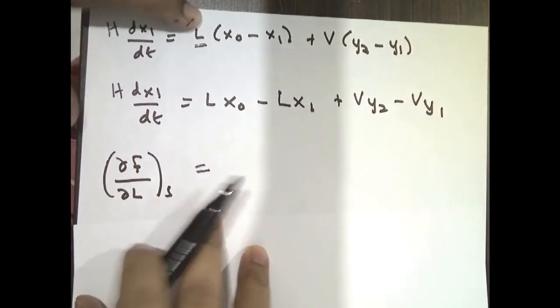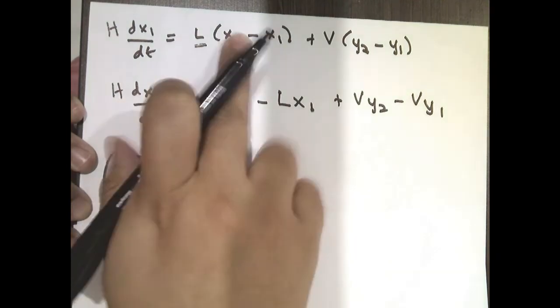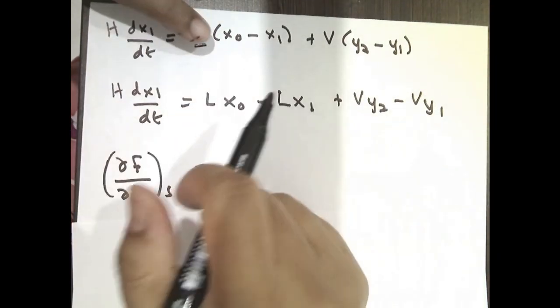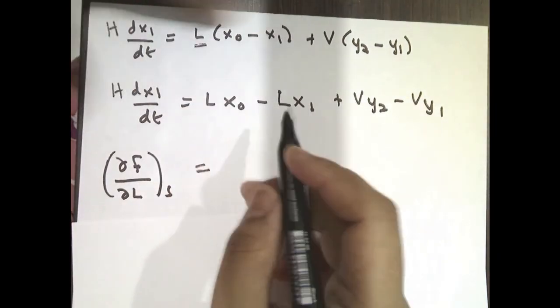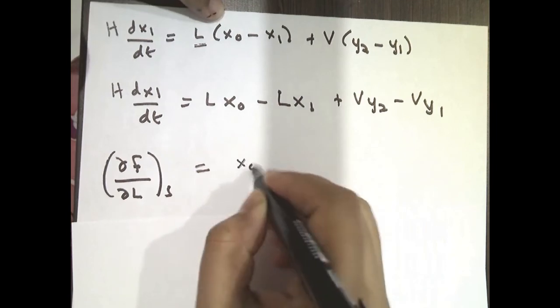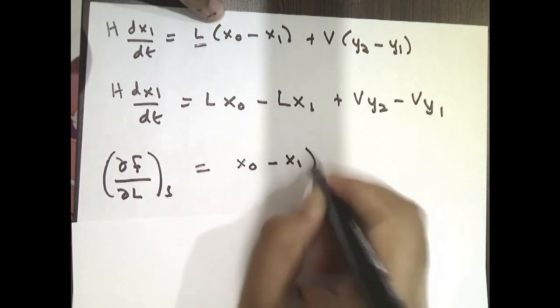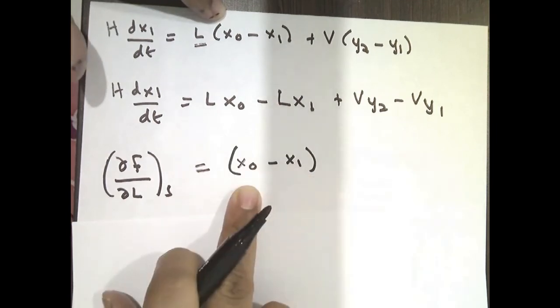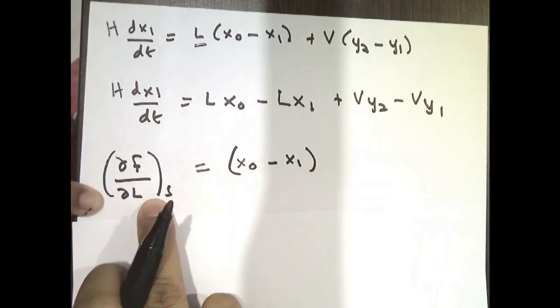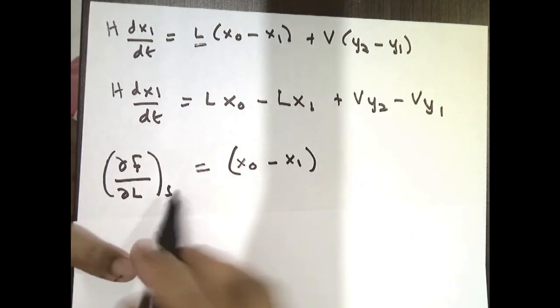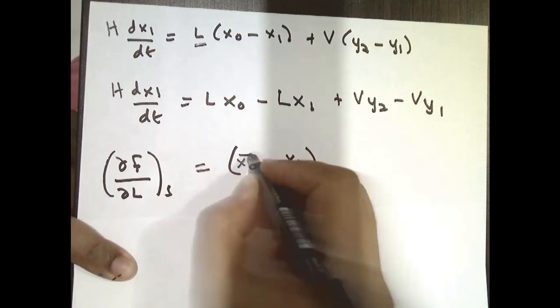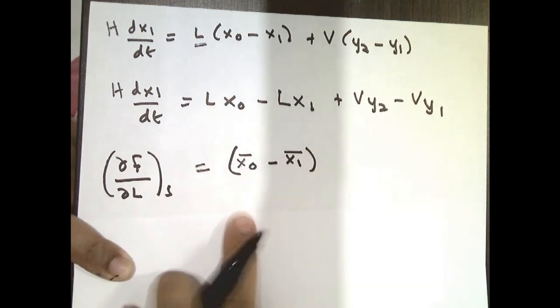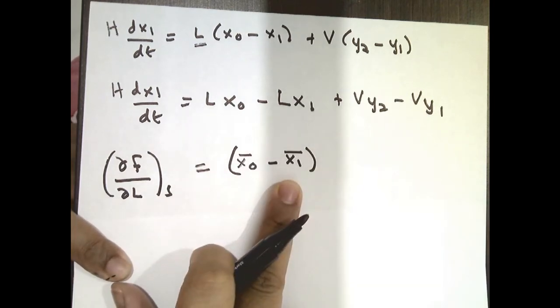So if we differentiate this, we do not see the L, so we just get this x naught minus x1, right? Okay, but this equation is in a steady state, so you need to have a steady state bar on the top of the parameter.